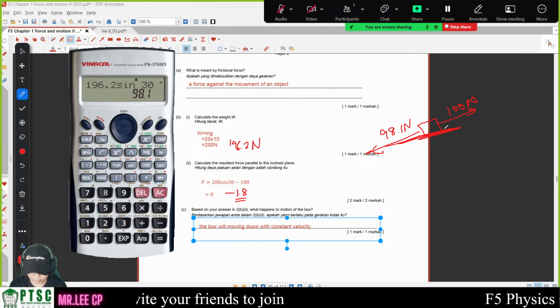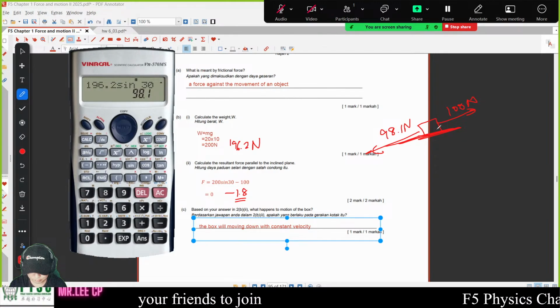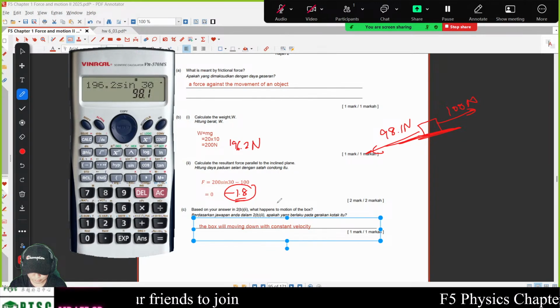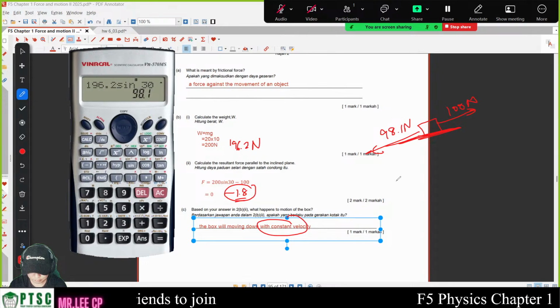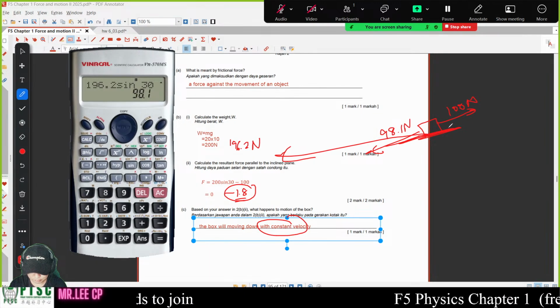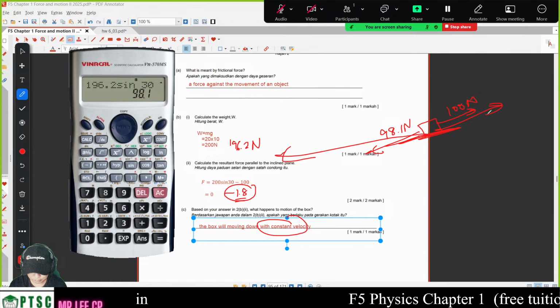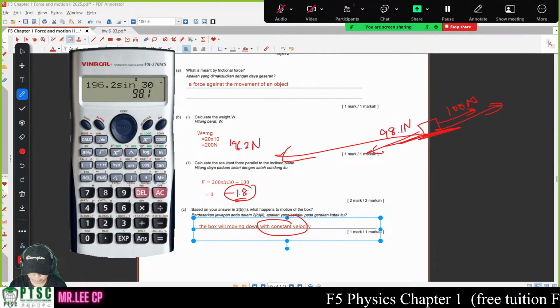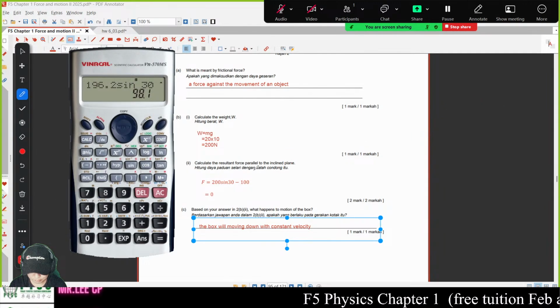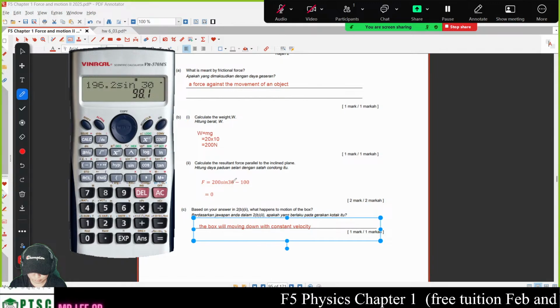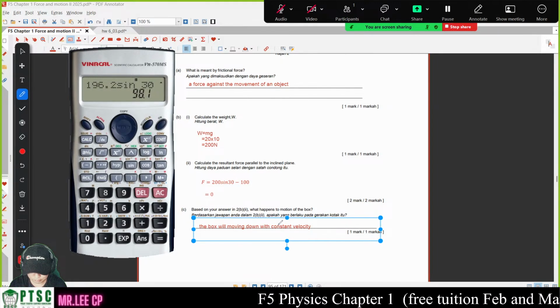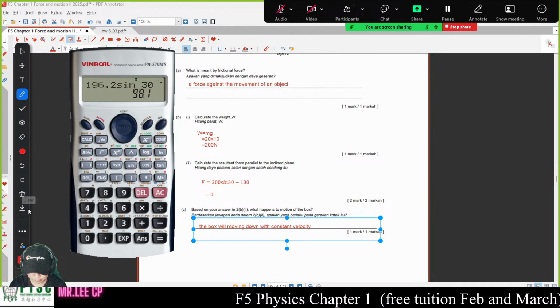So the object will not be moving. If you get this negative, you say the object is not moving, because you pull 98, I pull up 100. How can it move? It cannot move. But if I put it at 0, 200, then this one will move with constant velocity.